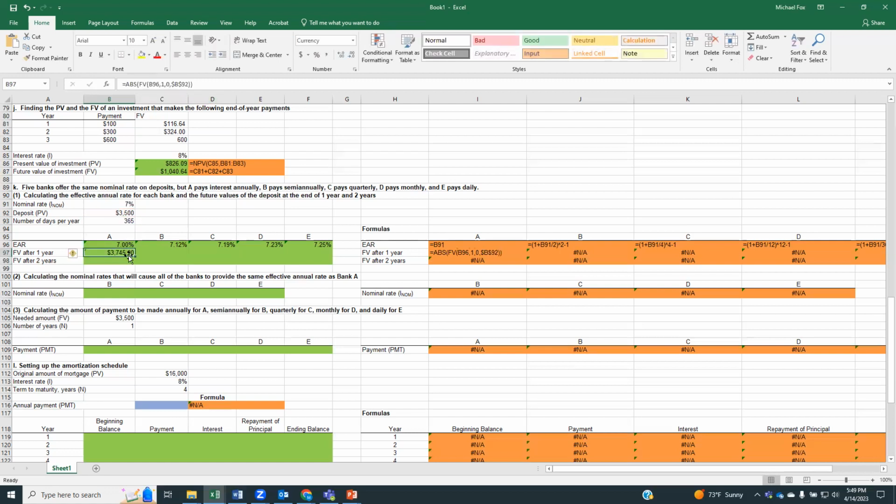So now, if I grab this and fill it, it won't be perfect because I'll need to come in here and say, there's not 1 period. In the semi-annual, there's 2 periods. And in the quarterly, there's 4 periods.